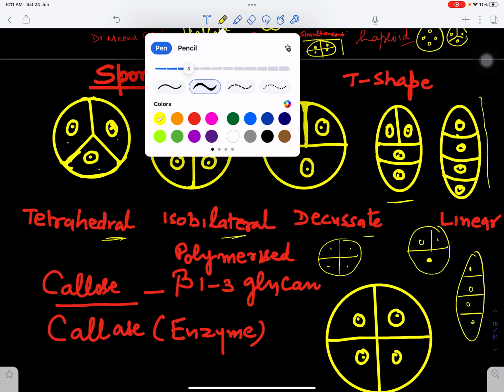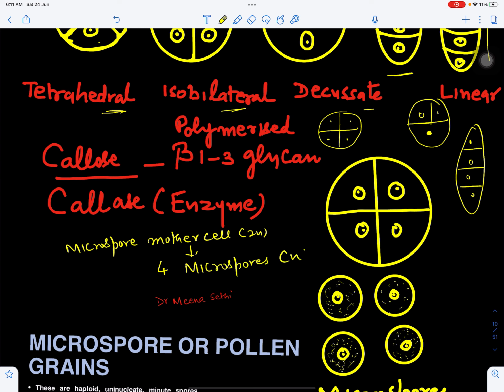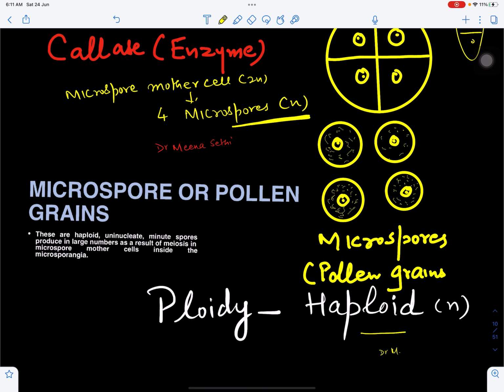So one microspore mother cell, which was diploid, which was produced from the sporogenous tissue that was diploid, has given rise to 4 microspores which are haploid. So the ploidy level of microspores, which are going to form pollen grains, is haploid.